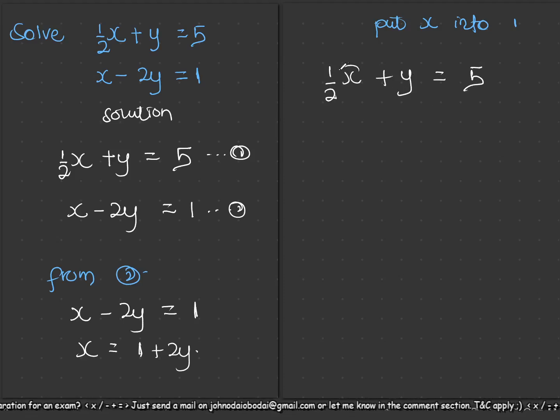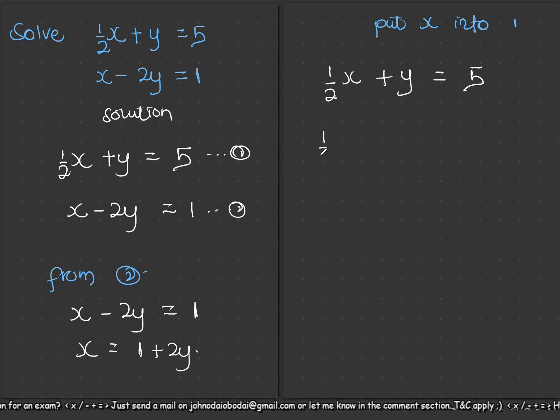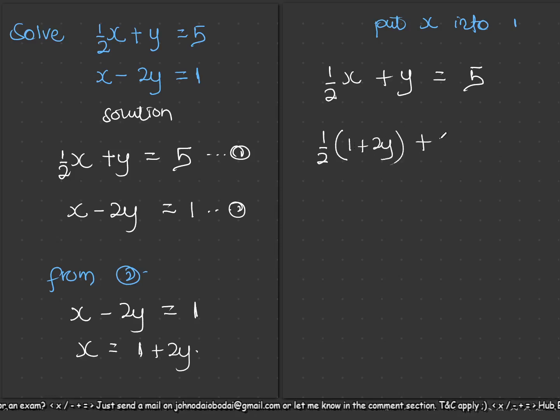So what we are saying is, instead of the x, let's put all of this over there, that is 1 plus 2y. So that we are going to get 1 over 2 into bracket 1 plus 2y, then plus y equals 5.